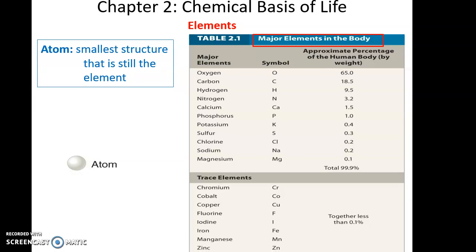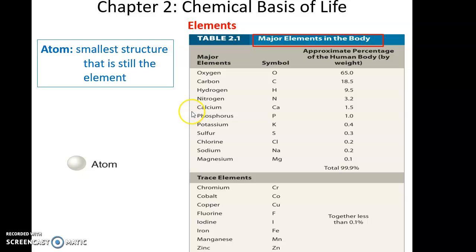The major ones, oxygen, carbon, hydrogen, nitrogen, calcium, and so on. Some trace elements that show up in our bodies, chromium, fluorine, iron. So these are the main elements that we will be talking about throughout the semester.